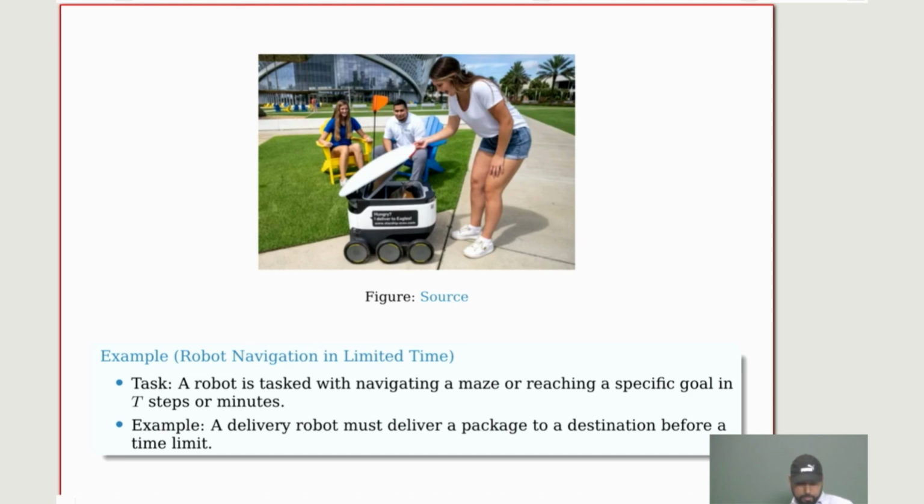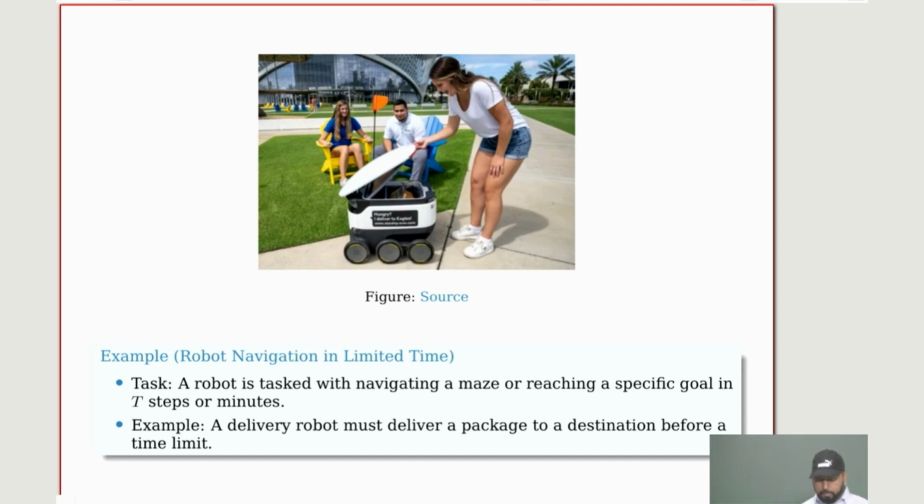a robot is supposed to navigate a maze. The maze could be complex, but the real life environment could also be like a maze. You have roads and you have to follow the path and so on. You have certain obstacles, traffic lights and things like that. Anyhow, in this figure we can see a robot delivering something, and this could be seen as a finite horizon problem, because the robot has to satisfy certain objectives in some finite amount of time.